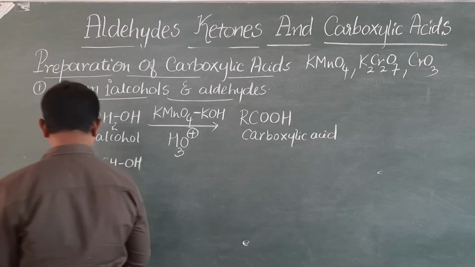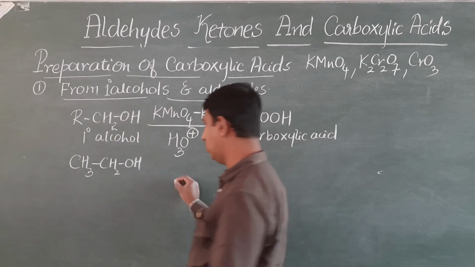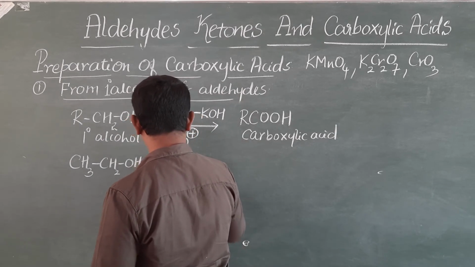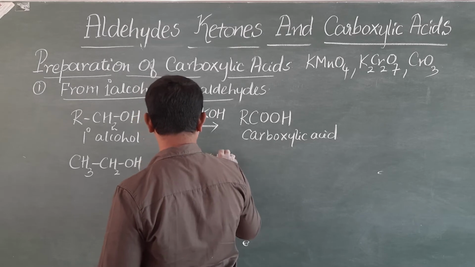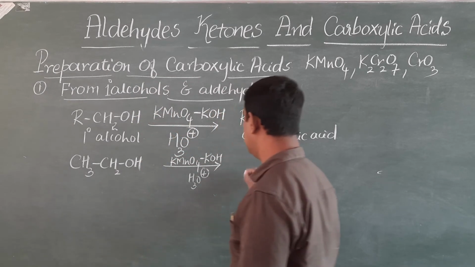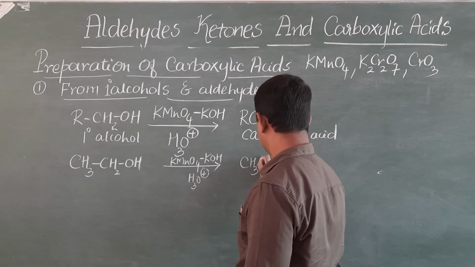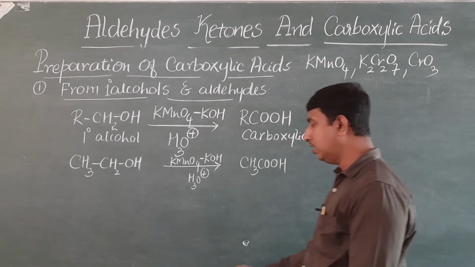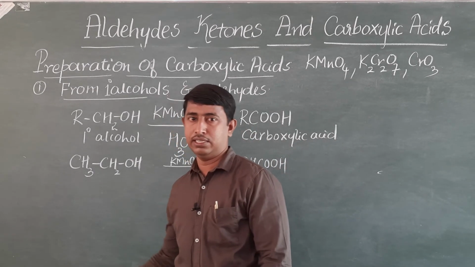CH3CH2OH, this is ethyl alcohol or ethanol, subjected to oxidation using alkaline KMnO4 followed by acidification, gives acetic acid, or ethanoic acid.